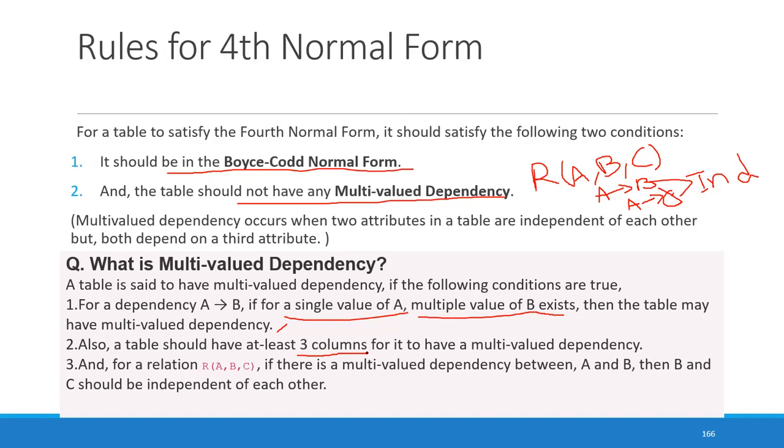This point is very important. For a relation R with attributes A, B, C, if there is multi-value dependency between A and B, then B and C are independent of each other. This we define as multi-value dependency.